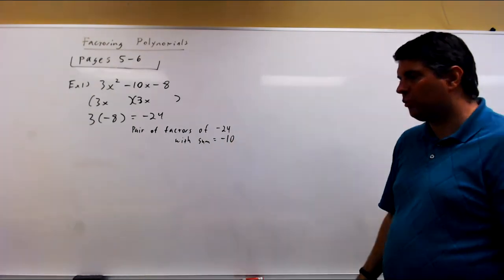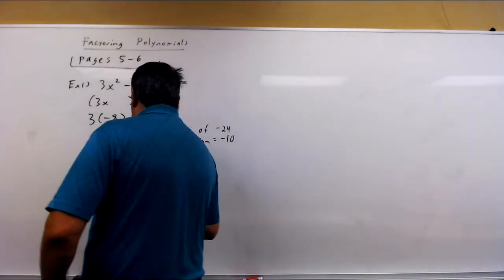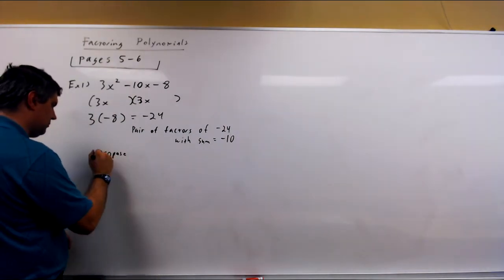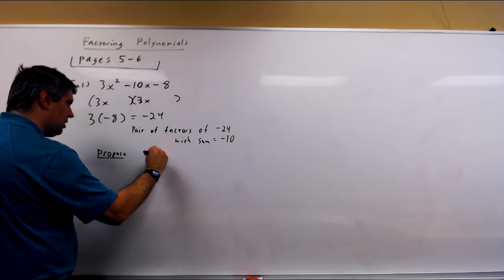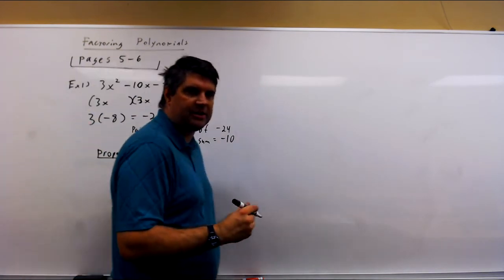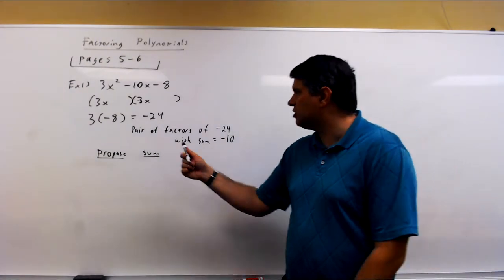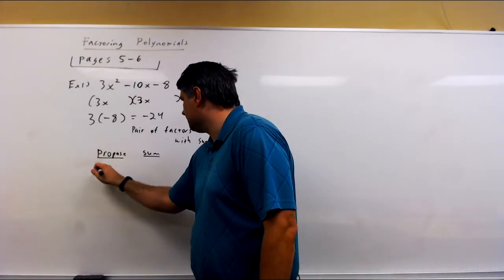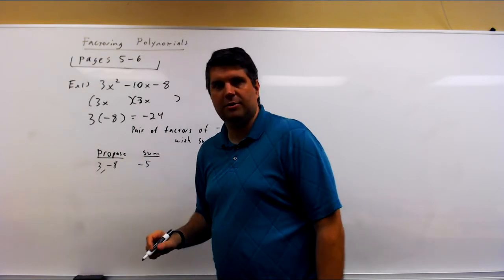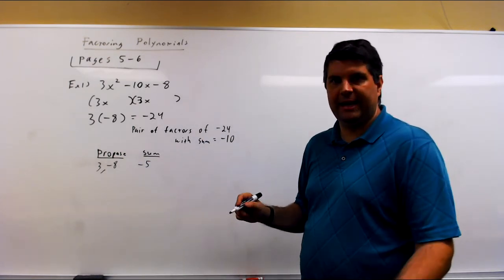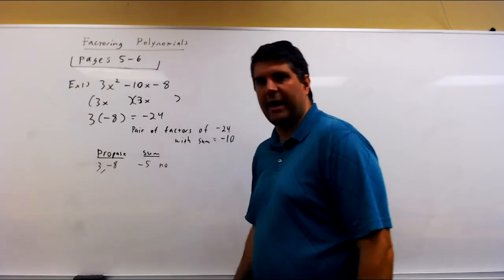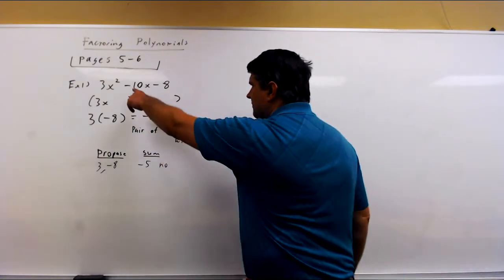If you don't know right off the top of your head, use a proposed sum table. First, I recommend starting with the pair that gave it to you, so that would be 3 and negative 8. I got negative 5. That's not what we need, because we need the sum to be negative 10.